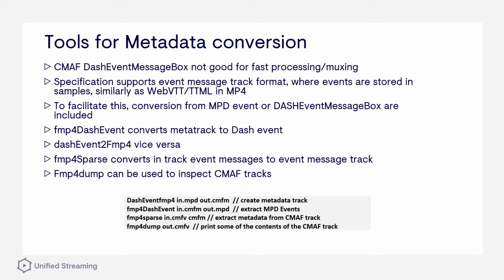To address this, we developed a metadata track format that can be used to carry event messages in a similar way as subtitles are stored in ISO-BMFF. This work is also ongoing in MPEG to be a standardized application format. So we included some tools to convert a normal CMAF with DASH event message box to a metadata track, or to convert MPD events to a metadata track, so that they can be sent using the ingest sender protocol.